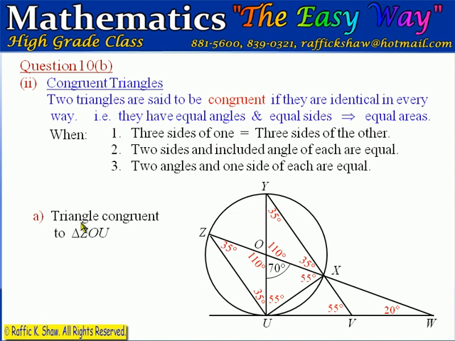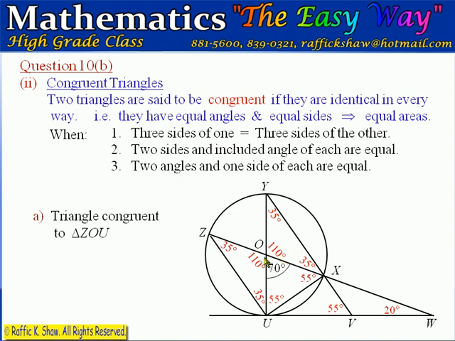Now first, we want to find the triangle that is congruent to triangle ZOU. That's this one, triangle ZOU. In this triangle, we have two radii, and the angle between the two radii is 110 degrees. And if we look at this triangle over here, triangle YOX, we also have two radii here and here, and the angle between them is also 110 degrees.